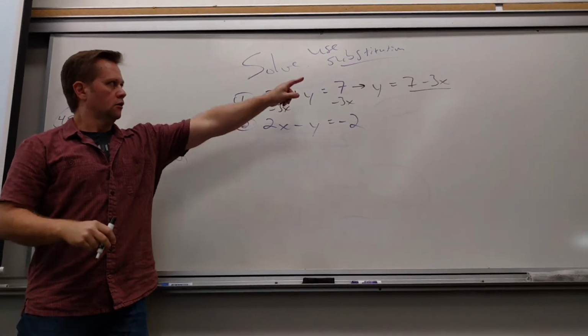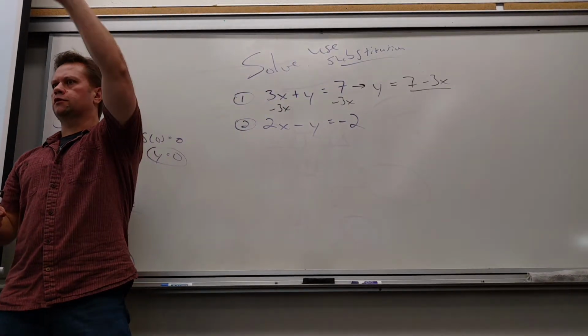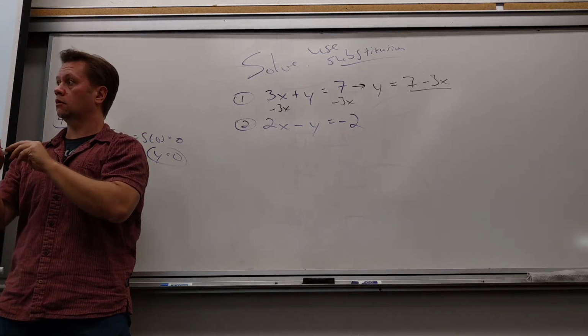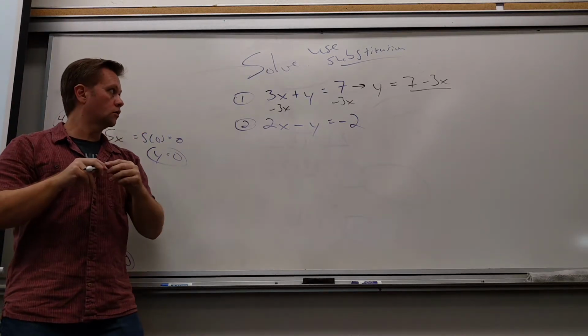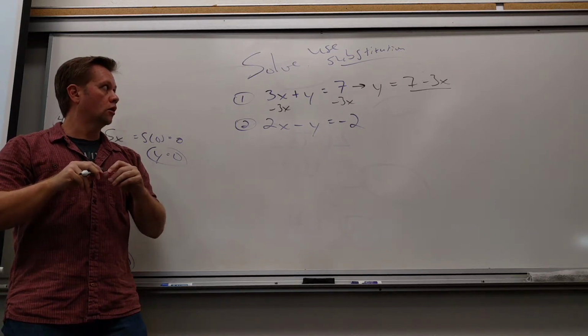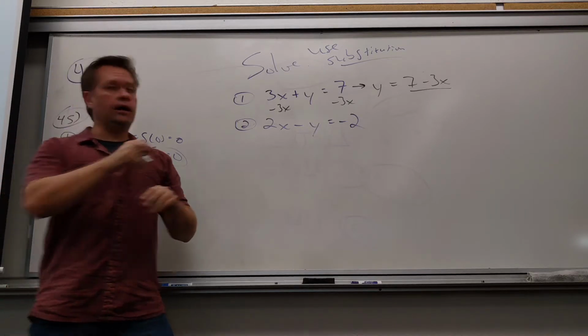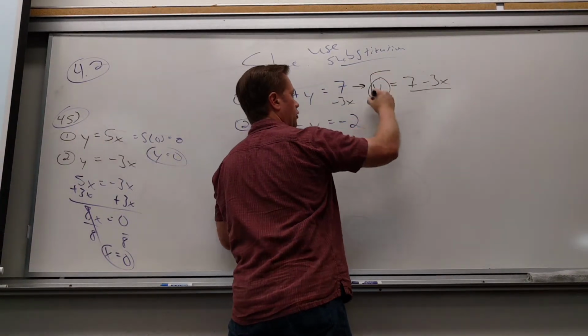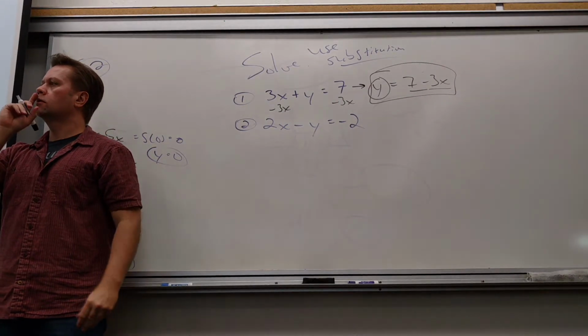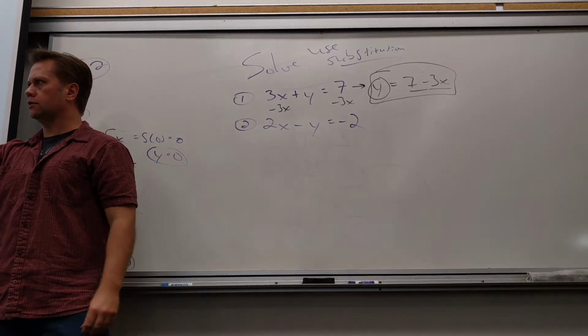Alright, so then once you get that first one solved, I isolated the y, so I know that y is this. I know that. How do I immediately use that information now?